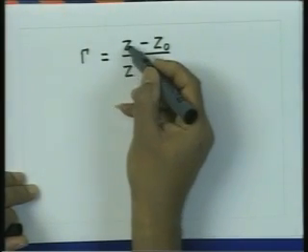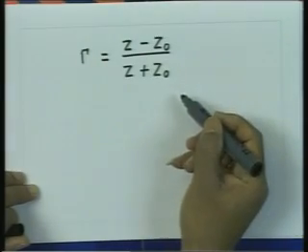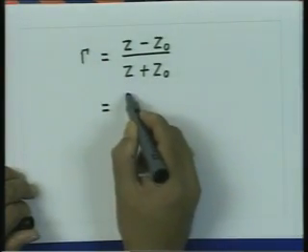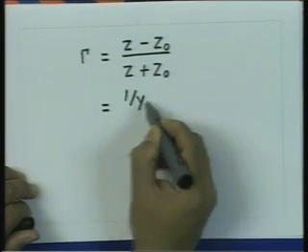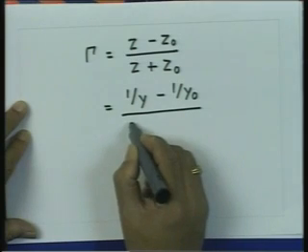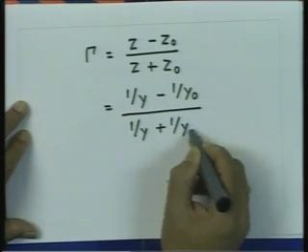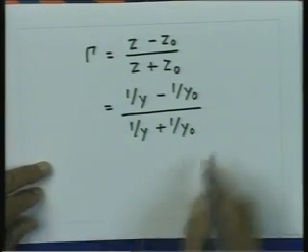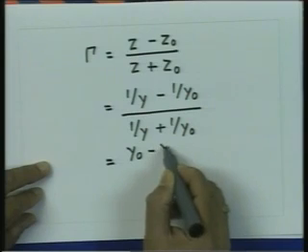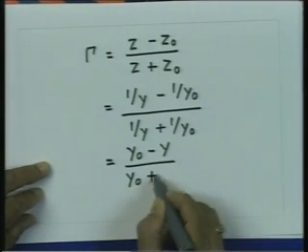The admittance will be 1 upon Z, the characteristic admittance will be 1 upon Z0. So, this one we can write as 1 upon y minus 1 upon y0 divided by 1 upon y plus 1 upon y0. That will be equal to y0 minus y divided by y0 plus y.